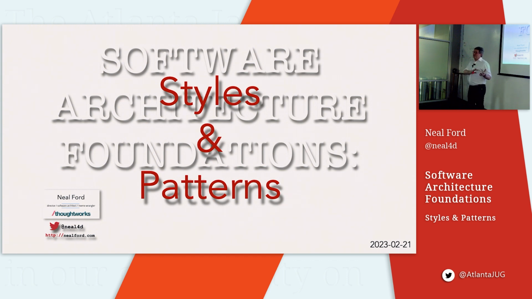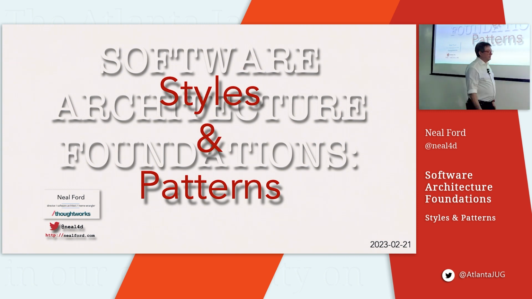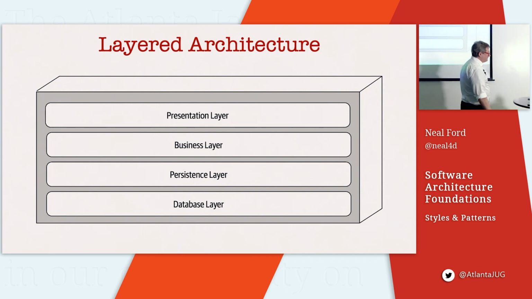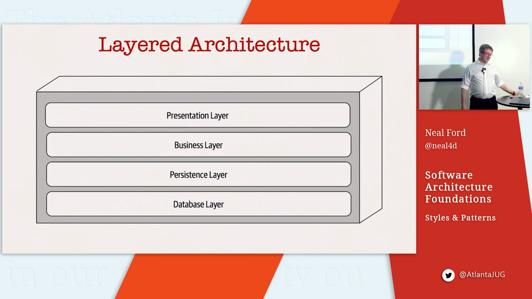The clothing is the style, like a shirt or trousers, but the patterns are things like polka dots or check marks. Notice you can apply any pattern to any one of the styles, but the style says something structural about it. So let's talk about some styles, and I'll give you some distinctions with some patterns to show you the difference between styles and patterns.